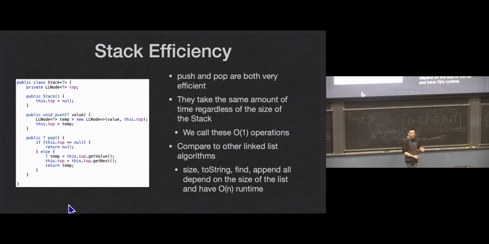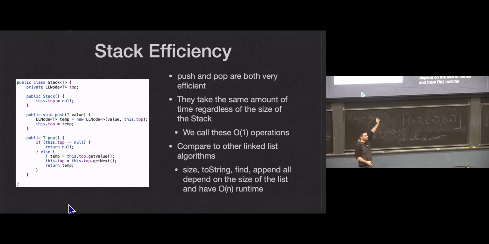This is why there are data structures in code that exist like this that restrict you to push and pop, because it forces you to only use O of 1 operations. And the only protection it's really giving you, the reason I don't like them, is saying if you're going to be a very sloppy programmer and not think about what you're doing, we're just not going to let you do anything that's too inefficient.